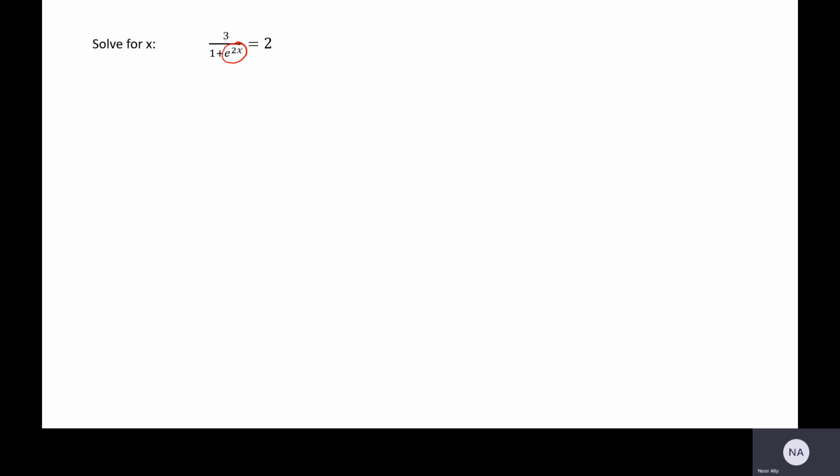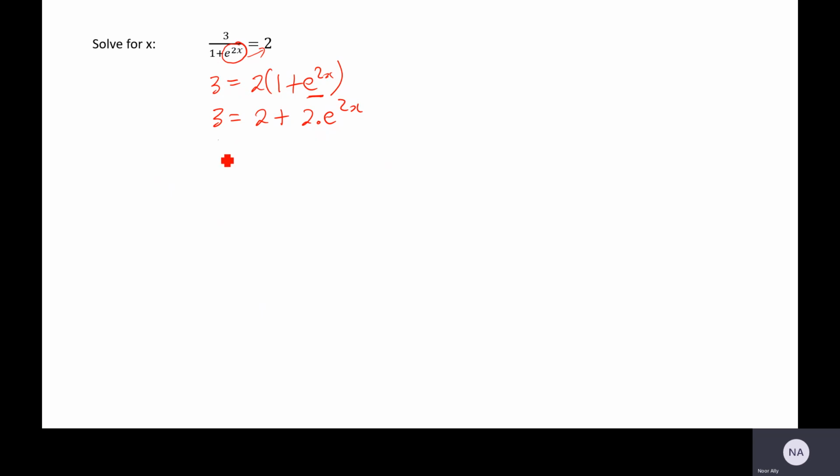By manipulating, cross multiply. So that will be 3 is equal to 2 times 1 plus e to the 2x. Still not by itself. I'm going to multiply by 2, yes? 2 plus 2 times e to the 2x.